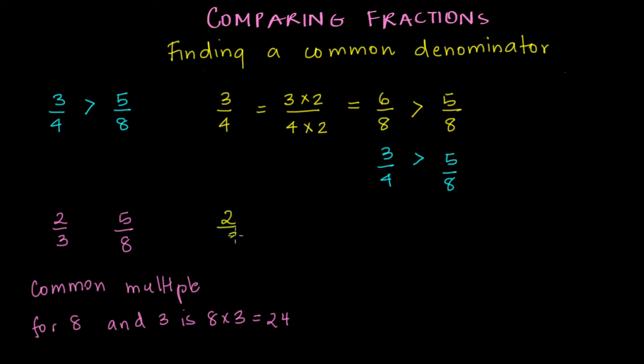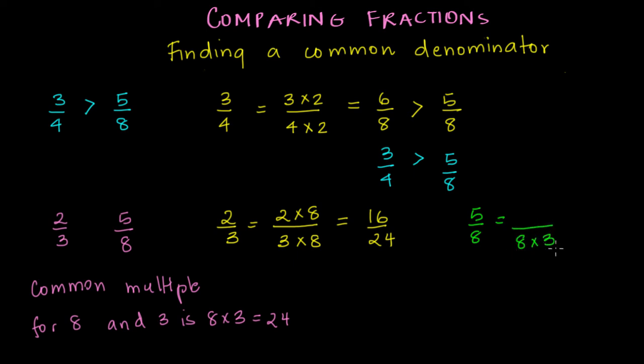So I know 2/3, if I need a denominator of 3 times 8, so I'm multiplying the denominator by 8, I need to multiply the numerator by 8 also. I have 16/24. And if I do the same for 5/8, I know 5/8 equals, I need a denominator of 8 times 3.